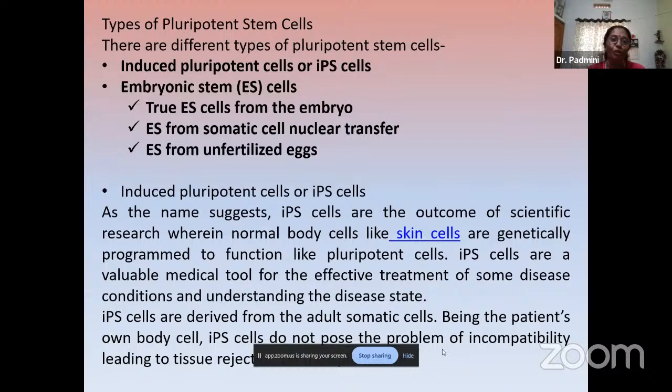The tissue becomes a foreign body for our own cells, and they start to reject it, and then sometimes a patient may die. So when you're talking about the induced pluripotent stem cell, you're taking your own cells, inducing them to form that particular tissue or organ, and then transplanting it. So there is no question of tissue rejection, because your body knows your own cells. So that is the importance of induced pluripotent stem cells.